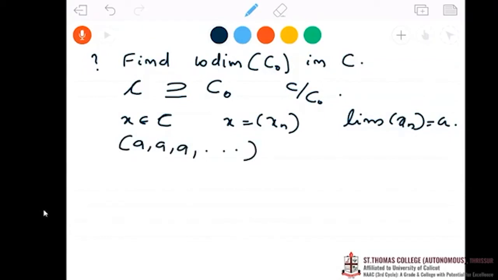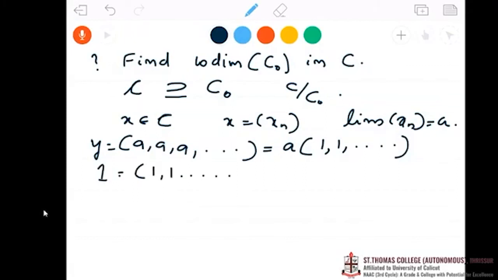Let me denote it by, say, y. So y is the constant sequence a, a, a, etc. I can express this as a times the sequence 1, 1, 1, 1, etc. Let me denote this constant sequence 1 as a big 1.